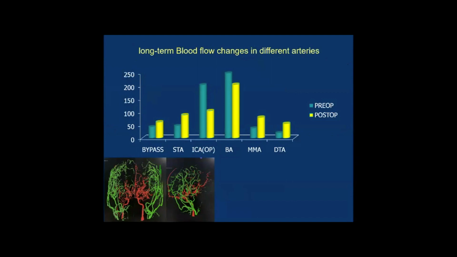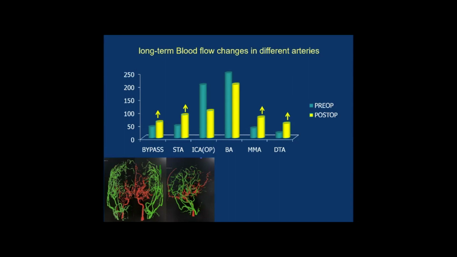So this is a long-term blood flow change in different arteries. We can see in the bypass artery, the main trunk of STA was all increased, and the main branch of ECA, middle meningeal artery, and deep temporal artery were all increased 2 or 3 times compared to their preoperative blood volume.